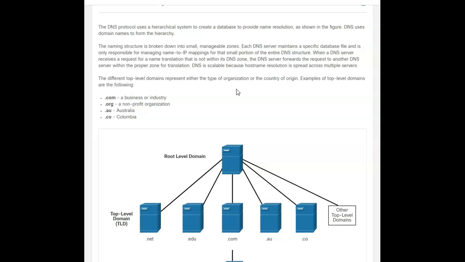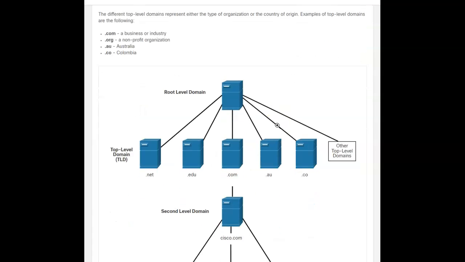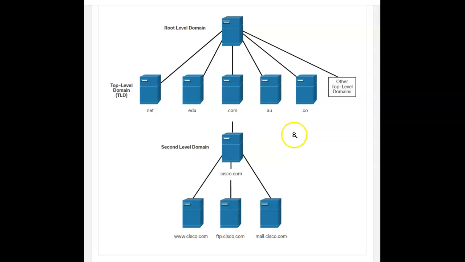They've classified certain top-level domains to make it easier to filter through information, because I can't store every college IP address on one server. If I put all of those under the edu server, I don't have to confuse businesses with edus.